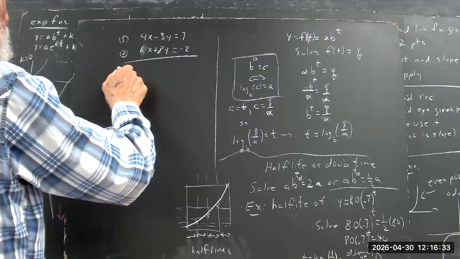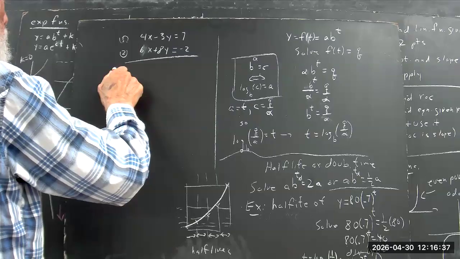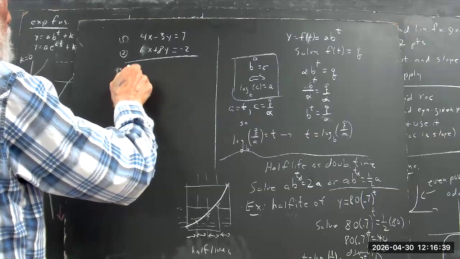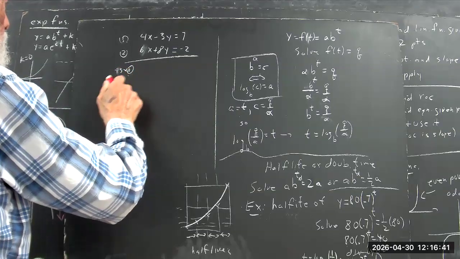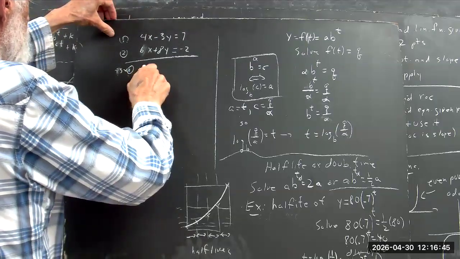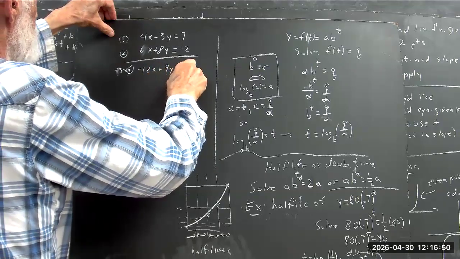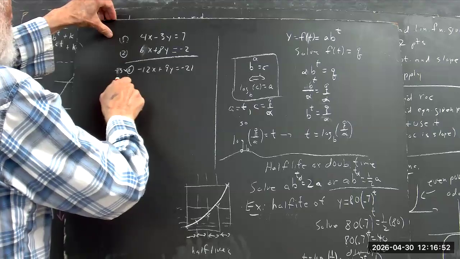I can do -3 times equation 1. You probably can't read that. But if I multiply this equation 1 by 3, I get -12x plus 9y equals -21.